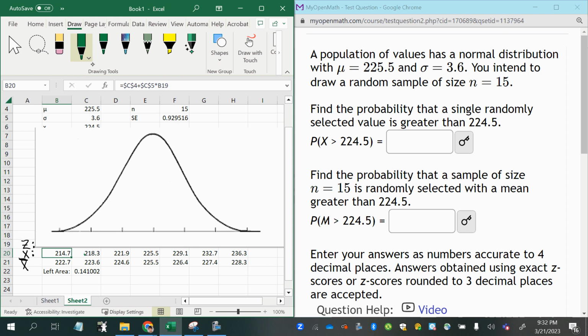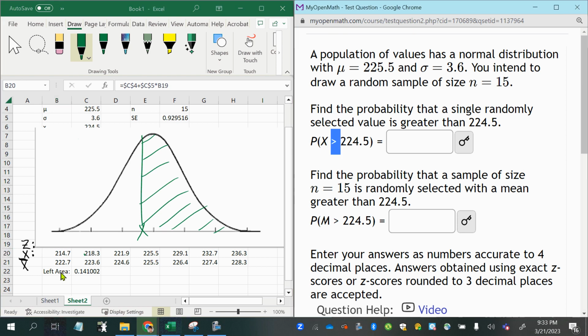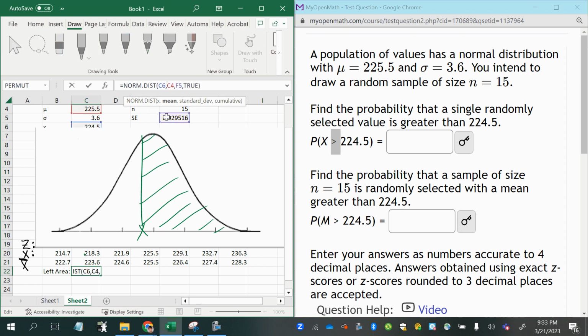And so we'll still get the left area using norm.dist. For part A, we are going to go ahead and use the standard deviation, and that gives us the left area, but the right area, which is what we want for this question, is just 1 minus that.